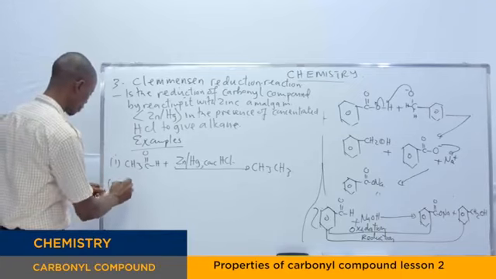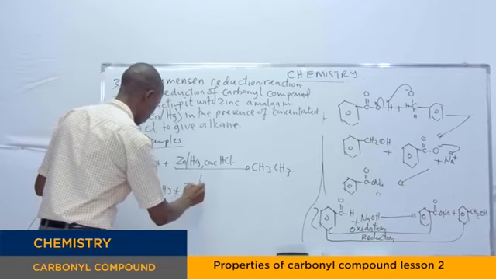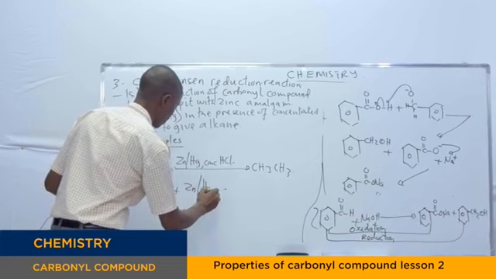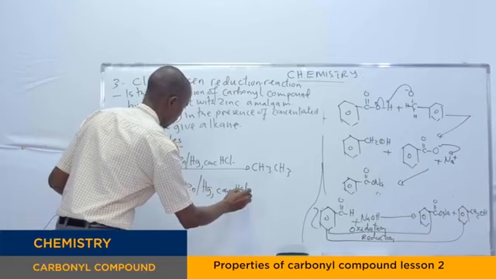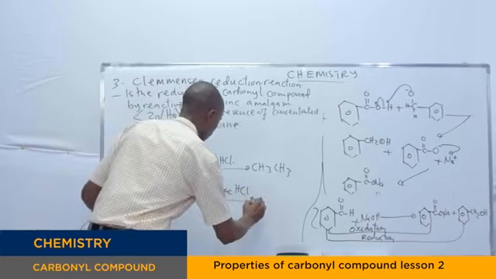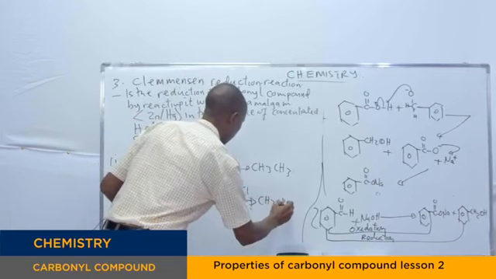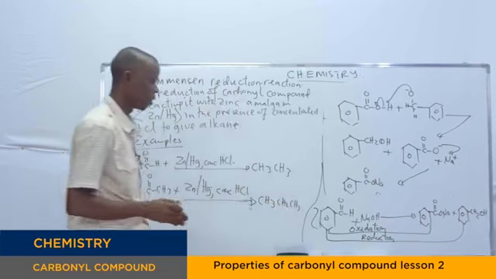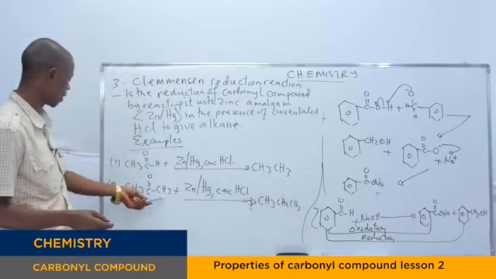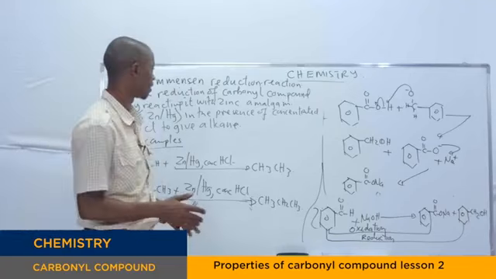Or if we give the example of ketone, we are going to get alkane, which is propane from this one. So you can see the number of carbon atoms are similar to the number of carbon atoms present on the carbonyl compound. So this is Clemmensen reduction reaction.